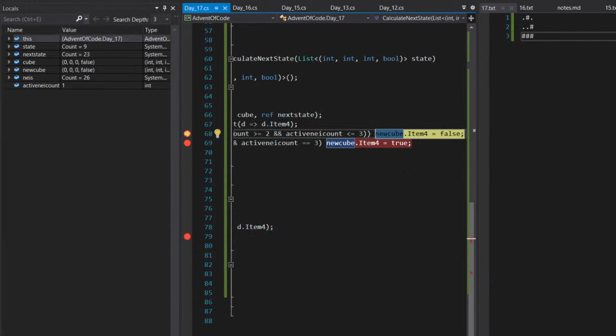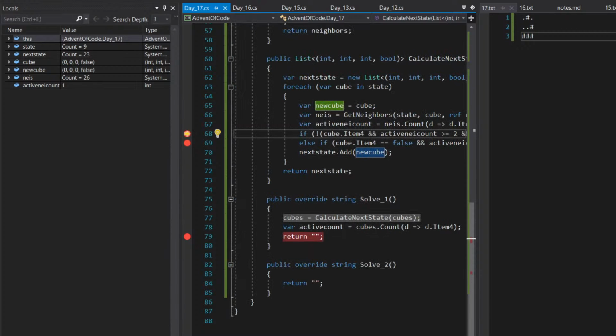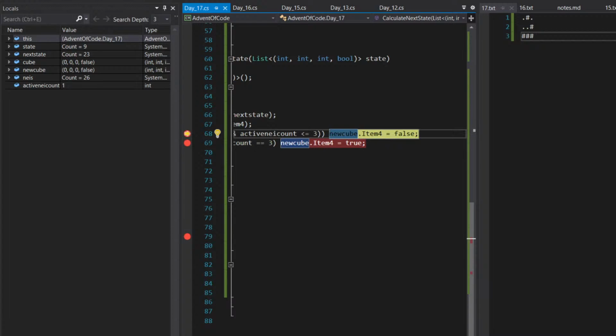So get next state for, what are we looking at?